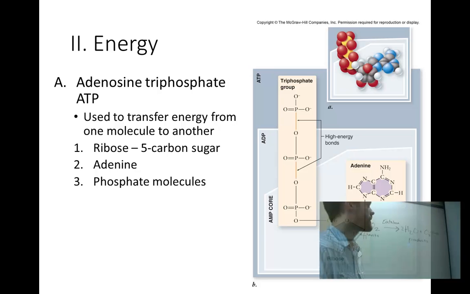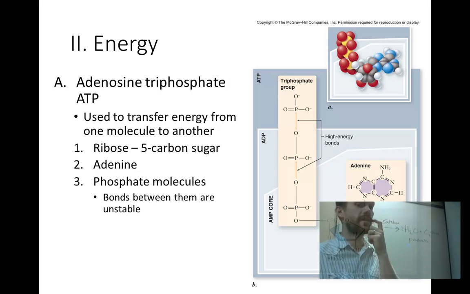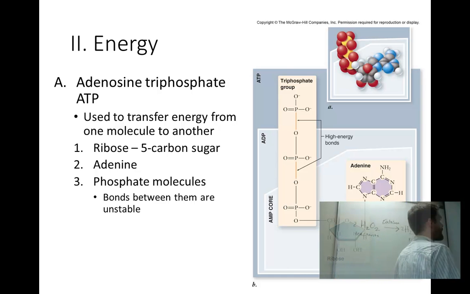Okay, there's 3 parts to it. It has ribose, which is a sugar. We saw ribose when we talked about RNA a little bit. Then it has adenine, which is a base, and it has phosphate molecules. Okay, ATP, triphosphate, it has 3 phosphate molecules. But the bonds between them are unstable, and they also hold potential energy.